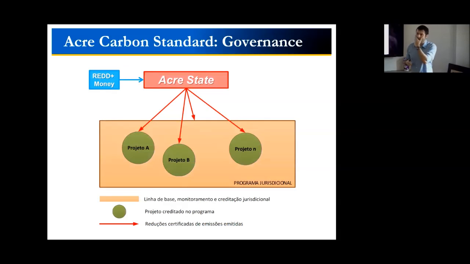Back to the state of Acre. How is it going to work for Acre? What they have designed so far is that the REDD money will go directly to the state of Acre, and then the state of Acre will allocate that money to different projects, which can be public or private, and to the state itself. This is also a figure from that document.